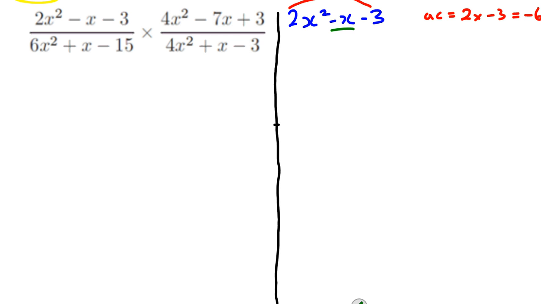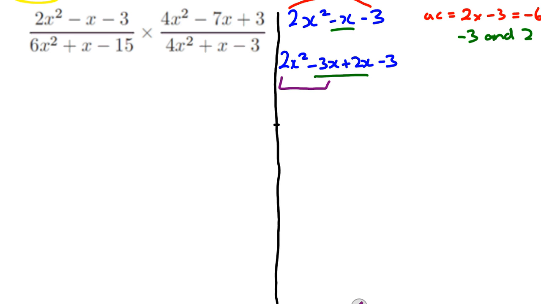Have a think. That's right, it's negative 3 and 2. So we now split that x term into negative 3x plus 2x, because negative 3x plus 2x is just negative x. So we haven't changed the expression at all, we've just split the middle term, negative x, into negative 3x plus 2x.